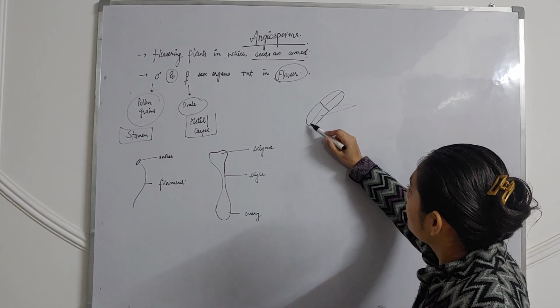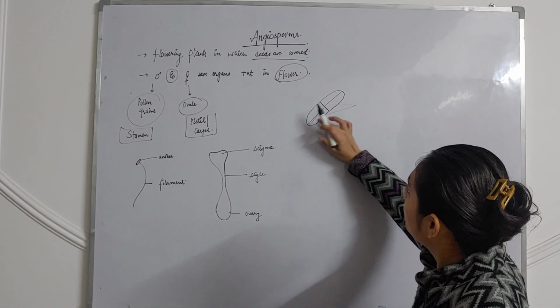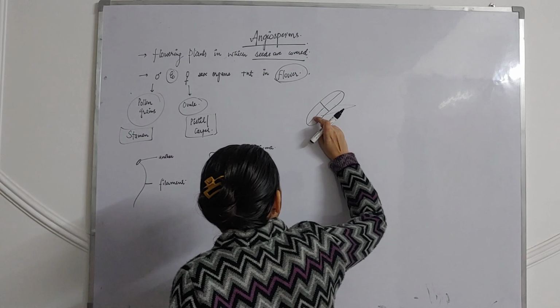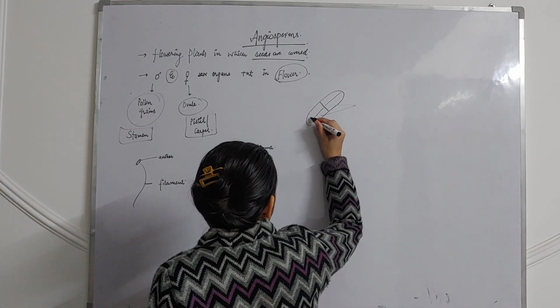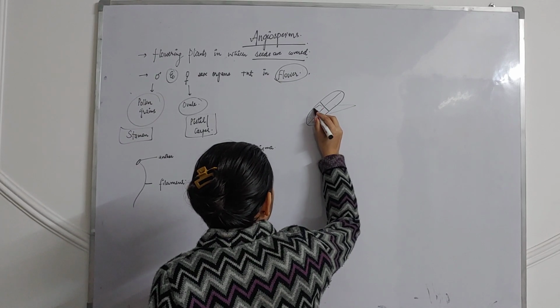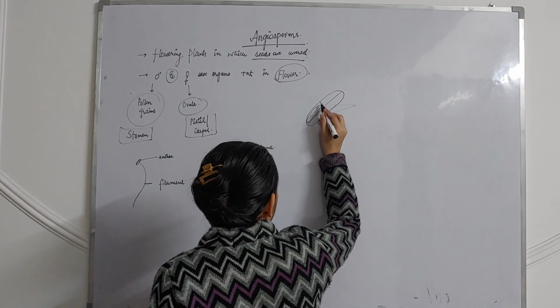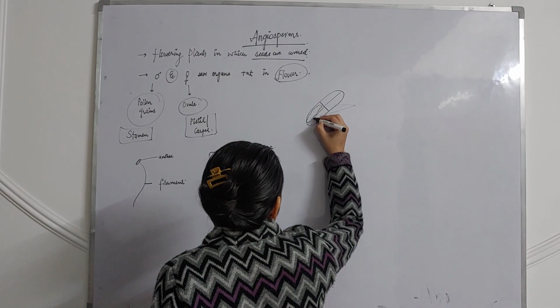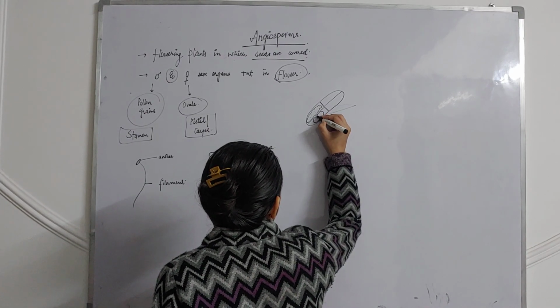So it consists of four parts like this, in which pollen grains are present in a closed structure. We can say that in this manner.